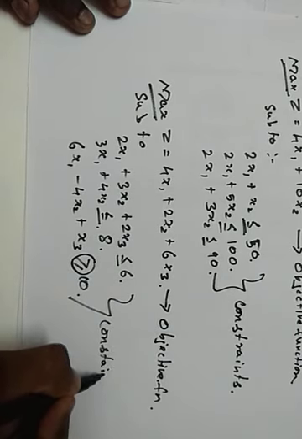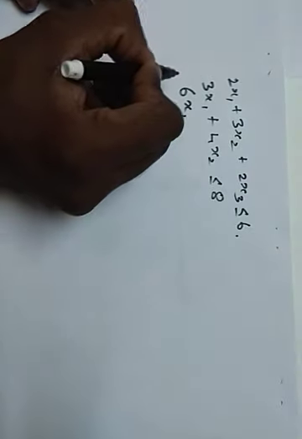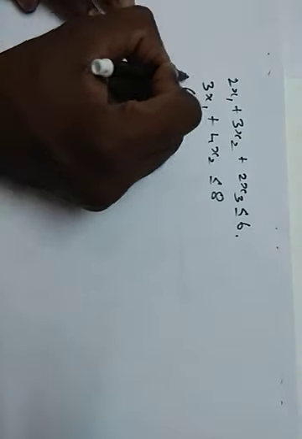So we will be getting 2x1 plus 3x2 plus 2x3 lesser than or equal to 6, the first equation, 3x1, 4x2 lesser than or equal to 8, and by multiplying the third equation by minus 1, we'll get minus 6x1 plus 4x2 minus x3, and the symbol will be automatically changed, less than or equal to minus 10. By this we have converted the greater than symbol into less than symbol.